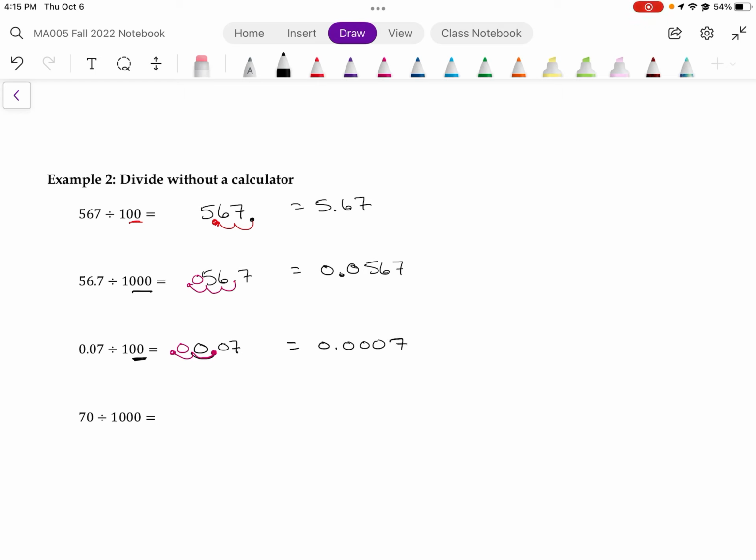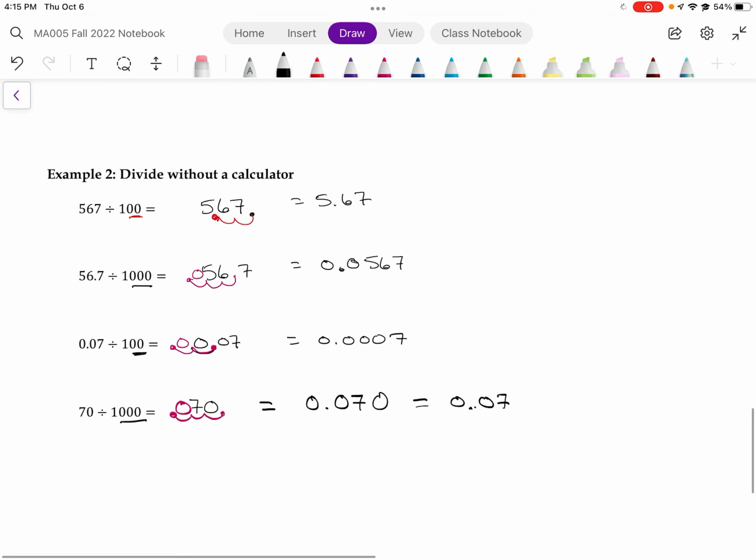The last one is 70 divided by 1,000. We've got 3 zeros there. Start where it's sitting and go 1, 2, 3. The new decimal point is here. We put a 0 in, and we get 0.07. You can put the 0 at the end if you want to, but you don't have to. It's the same number.